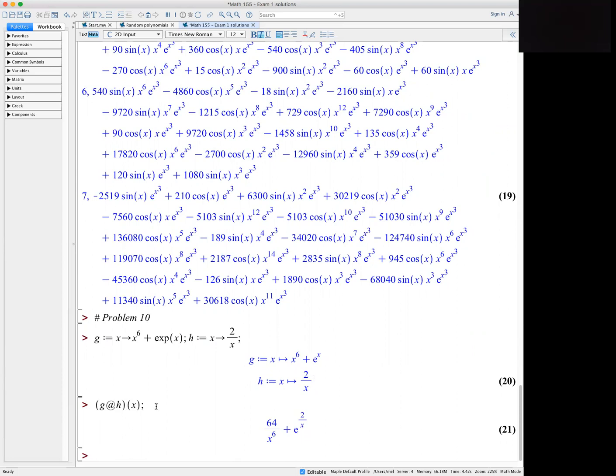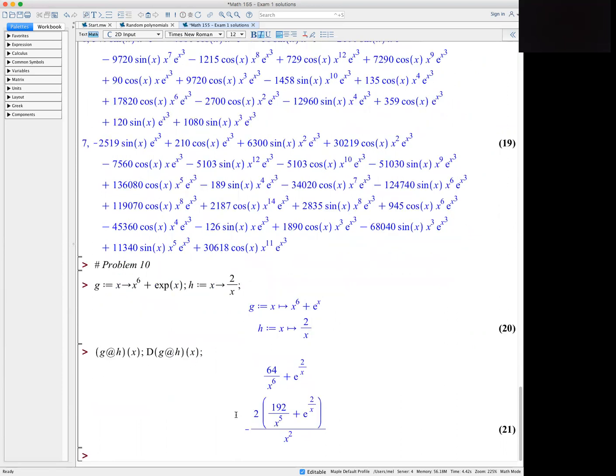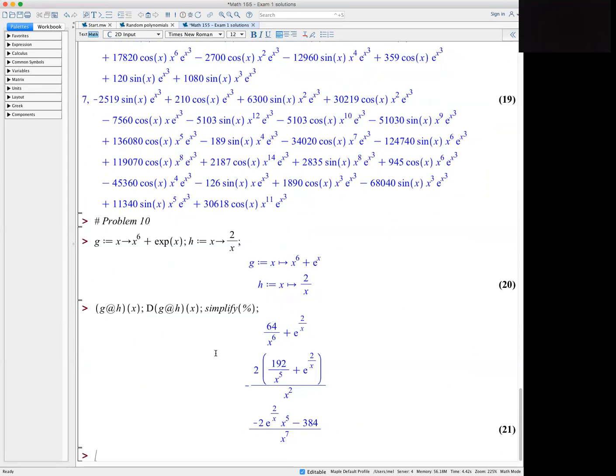Yep, that's g composed with h of x. And the derivative of g composed with h of x is this, which we can simplify if we like. Yeah, a little bit simpler. So this is the function, g composed with h, and this is its derivative.